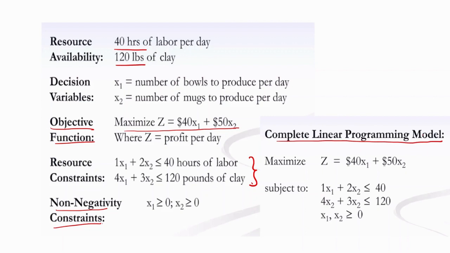As you notice, this example is about raw materials, profit and labor hours, and we can formulate it into a linear programming model with the constraints and the non-negativity constraints.